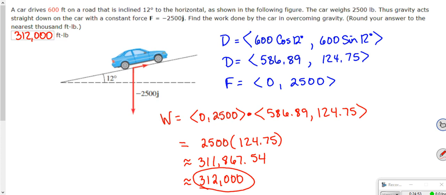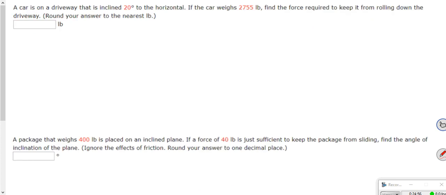Okay. Now, on this one, we are talking about different forces. If you look in your PowerPoint, they talk about W being a combination of U and V. It's the last several pages of your PowerPoint.